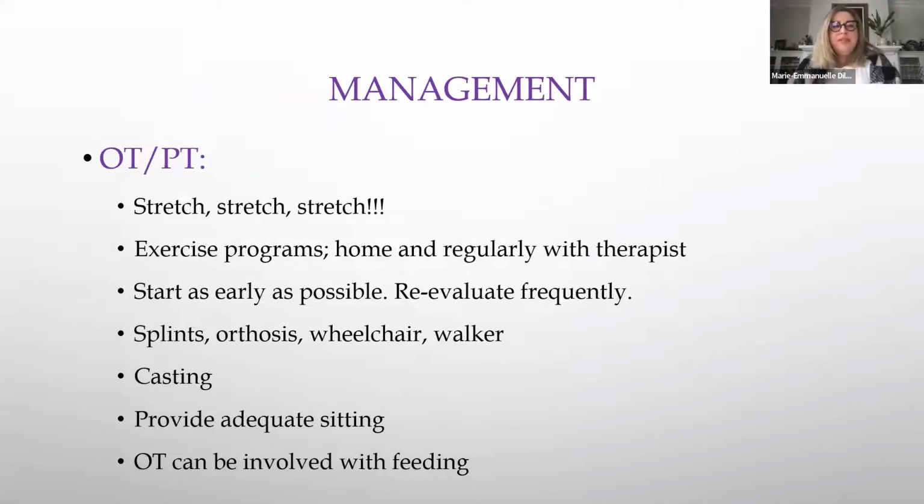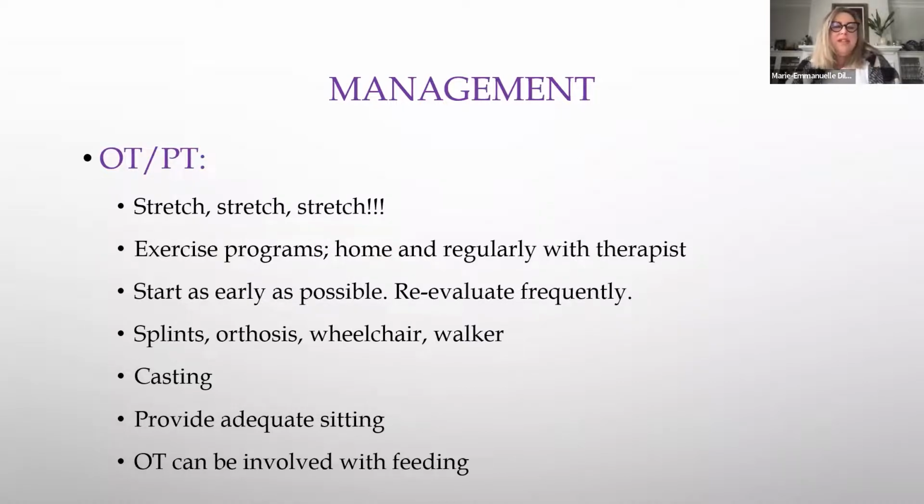In terms of rehabilitation, there is stretching and exercise. It's important to have exercise programs that the family can do at home or as routine, and also, once in a while, to meet with the therapist to review the goals and the programs. The earlier you start, the better, and reassess frequently.